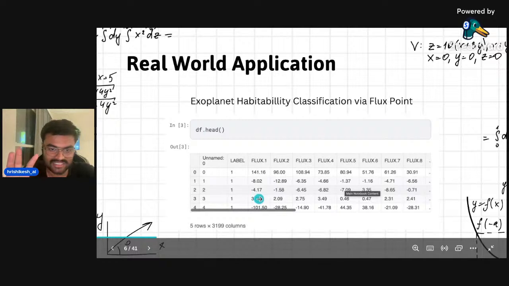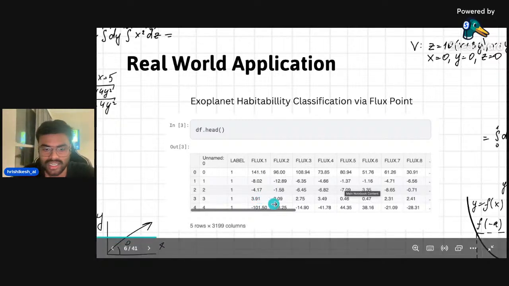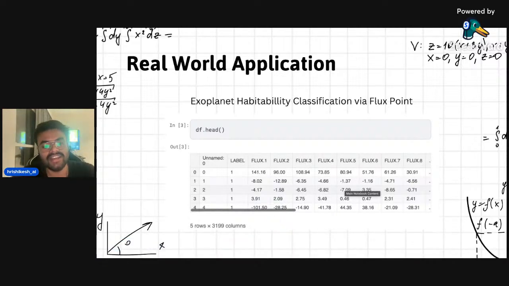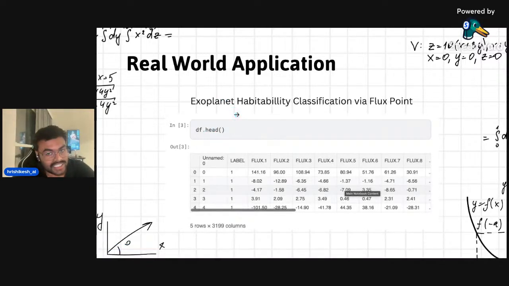This is the actual data collected by IIT BHU in their master's program for understanding whether a planet is habitable or not by looking at the flux which has been gathered. This type of data is used for exoplanet habitability classification, meaning whether a planet which has been found or studied is capable of humans living in it or not.